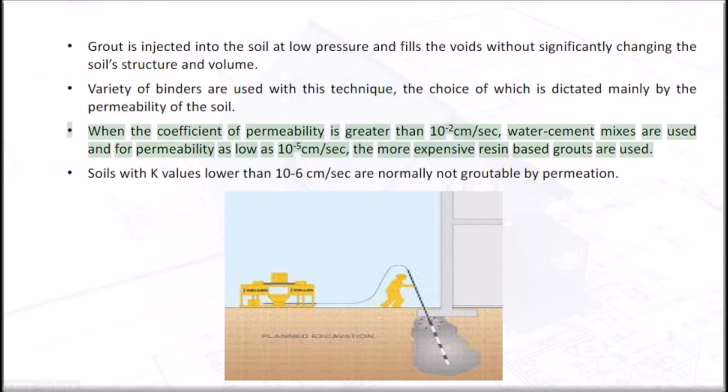When the coefficient of permeability is greater than 10^-2 cm/sec, water cement mixes are used, and for permeability as low as 10^-5 cm/sec, the more expensive resin-based grouts are used. Soils with values lower than 10^-6 cm/sec are normally not groutable by permeation.